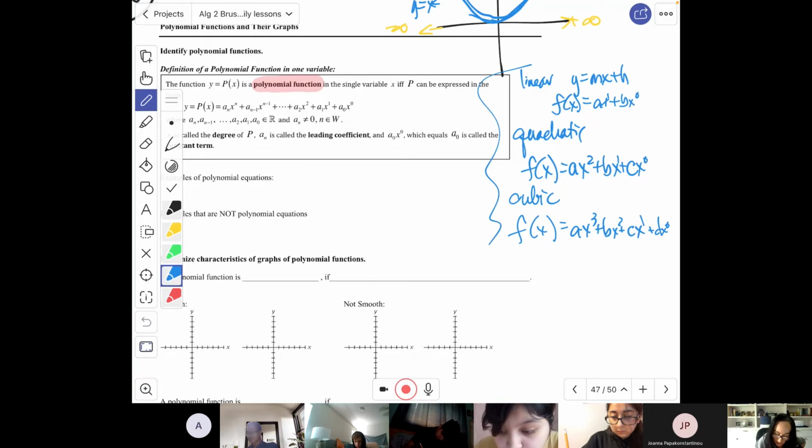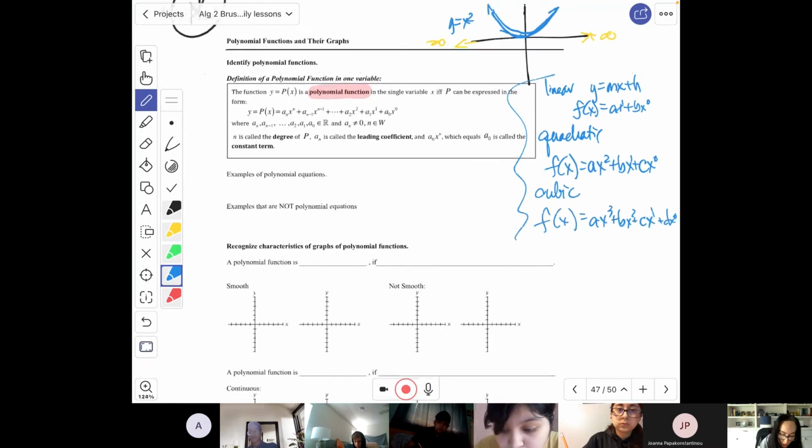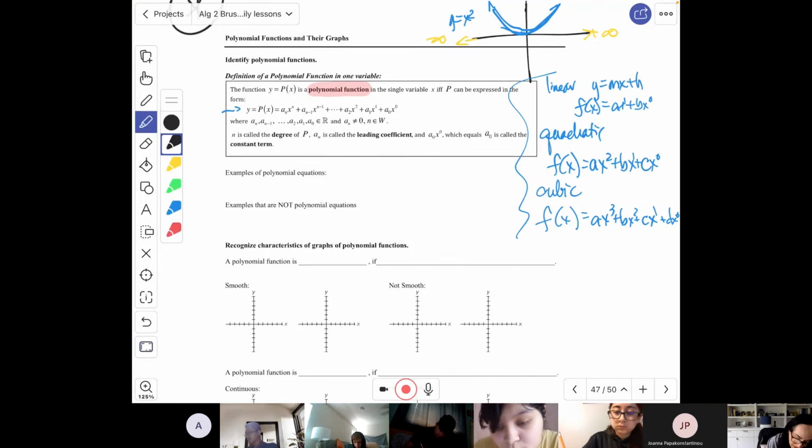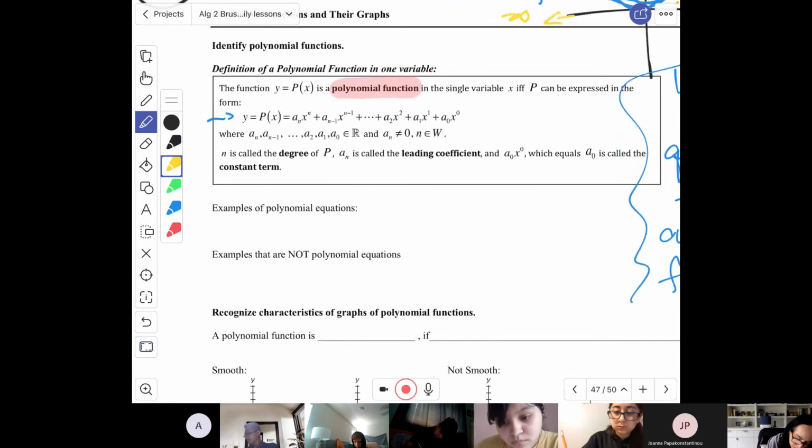So we've seen these before. These are all power functions. So if I'm looking at these power functions, I'm just looking at different powers of x. So this is the general form for a polynomial function. What this notation means is that I have coefficients. These are just constants. These are just real numbers.